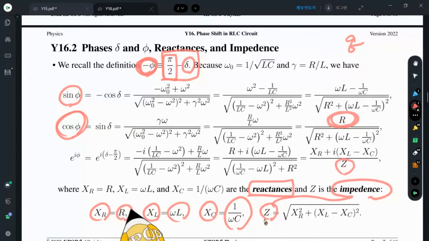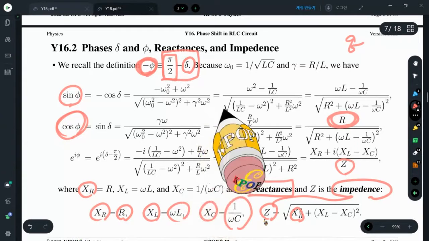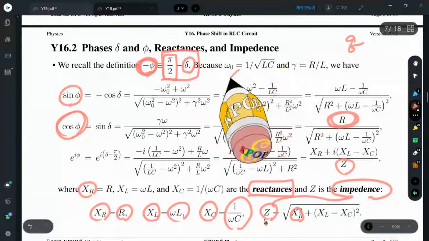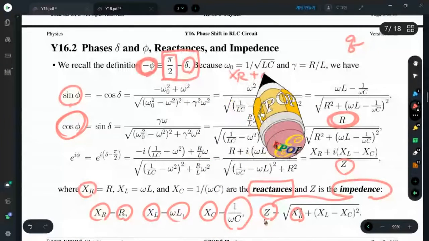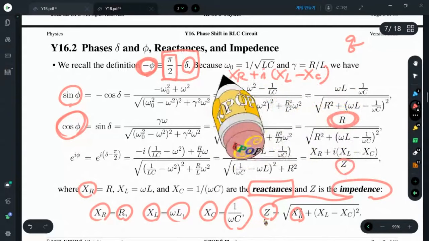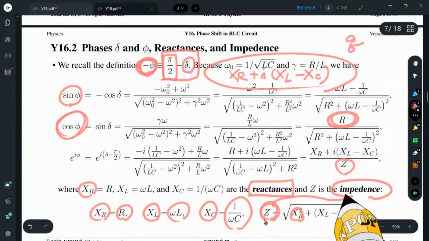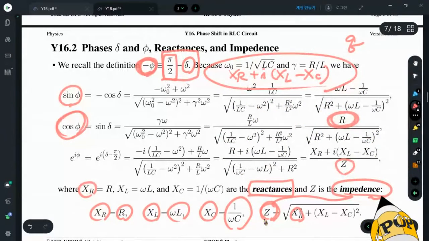Resistive reactance, inductive reactance, capacitive reactance. And this is the real part. You know, the complex number was XR plus i, XL minus XC. And the absolute value of this complex number is called impedance. Okay.